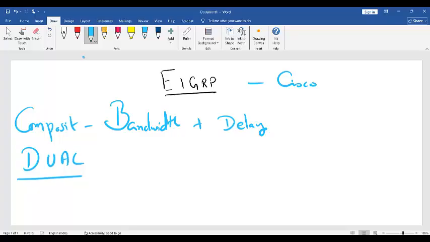That's the reason why when a route is learned in the routing table via EIGRP, it will show you D, not E. For RIP it was showing R in the routing table. All the RIP learned routes are R. EIGRP learned routes are D, for diffusing update algorithm.